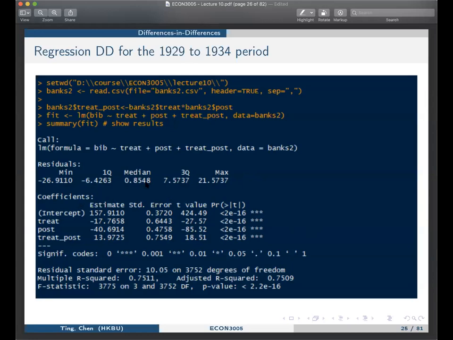So the variables are the same as before: the Y variable, treatment group, post dummy, and then the interaction, or the switch on variable. Let's just look at the result. The result is that for the treatment group, the policy actually has the effect of leading to 40-something more banks for the treatment group post treatment, and it's actually significant because we have a really sizable t-value.